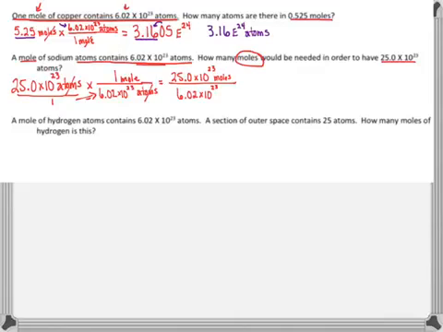And there's no unit because we canceled it out. So now we're going to divide our numerator by our denominator. Be careful when you're typing this into the calculator. I'm going to divide it by 6.02, and we're going to end up with 4.15 to 8 moles.